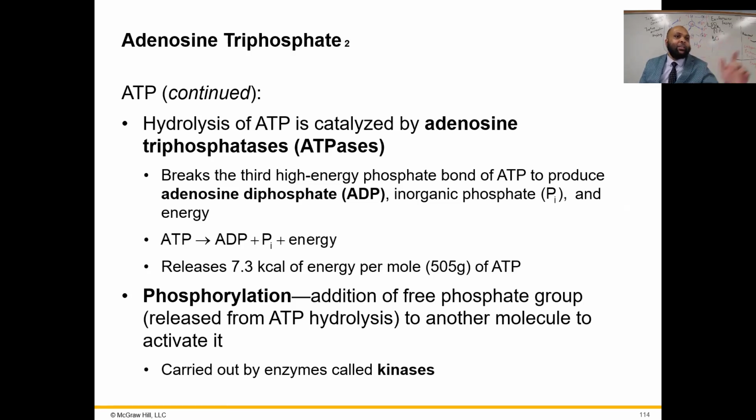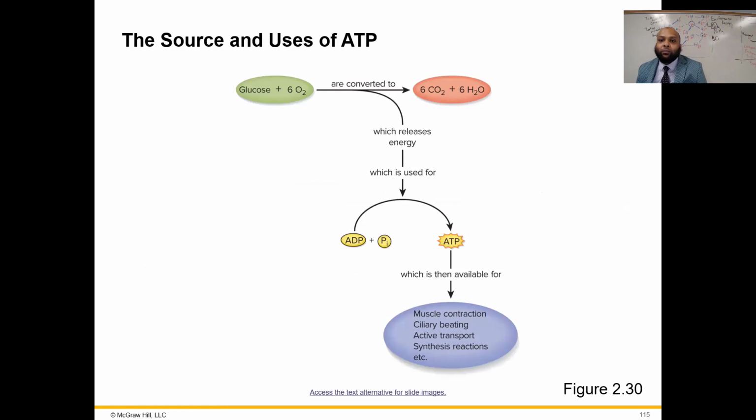So kinases take a phosphate group from ATP and add it to another enzyme that is inactive, and then it becomes active. If an enzyme is inactive, it cannot work. If you add phosphate to it, it will start working. The kinase will come, take a phosphate from ATP and give it to that inactive enzyme to turn it on and make it do its job.